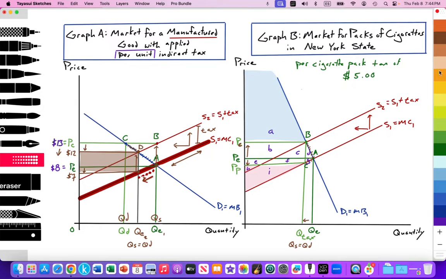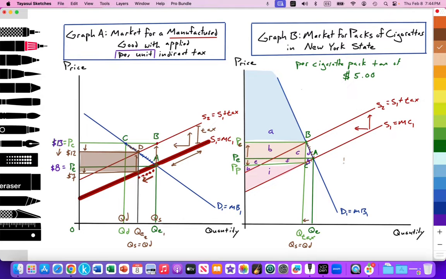The government or the state of New York benefits because they're able to collect the tax revenue applied to packs of cigarettes, and the tax revenue collected is equal to areas B plus C plus E plus F.